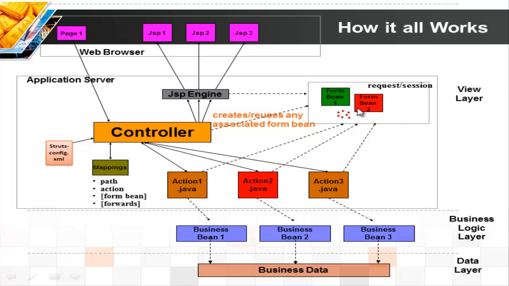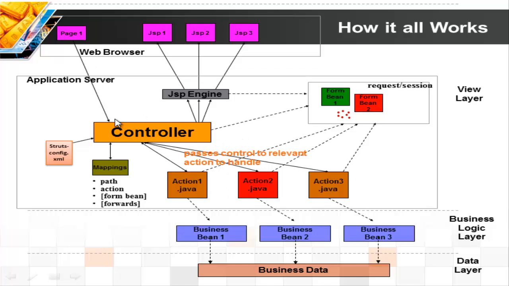If it is already instantiated, it will overwrite the values which are there in the form. Once it has created the form, it is going to populate the form. Once it has done that, it will select an appropriate action.